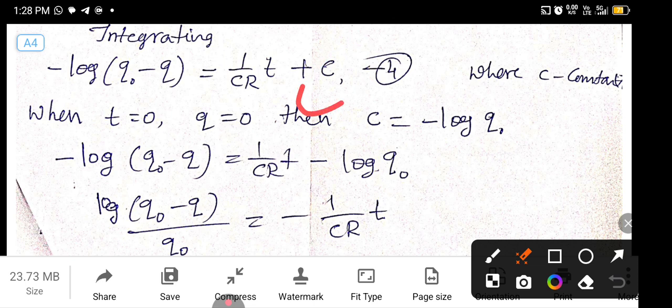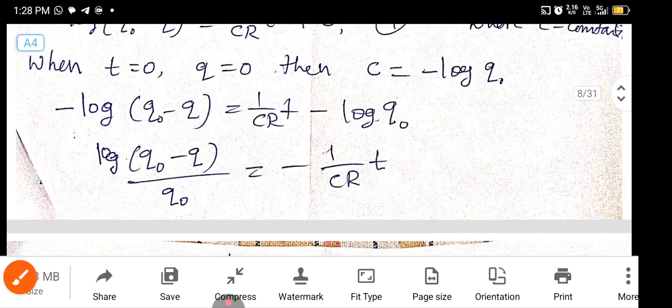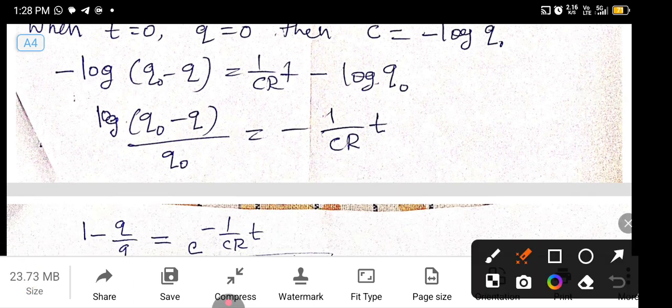For calculation of the constant C, put the value t equal to 0, then Q is 0, then C equals minus log Q naught. Put this value in this place. On simplification, we get minus log of Q naught minus Q equals 1 by CR t minus log Q naught.